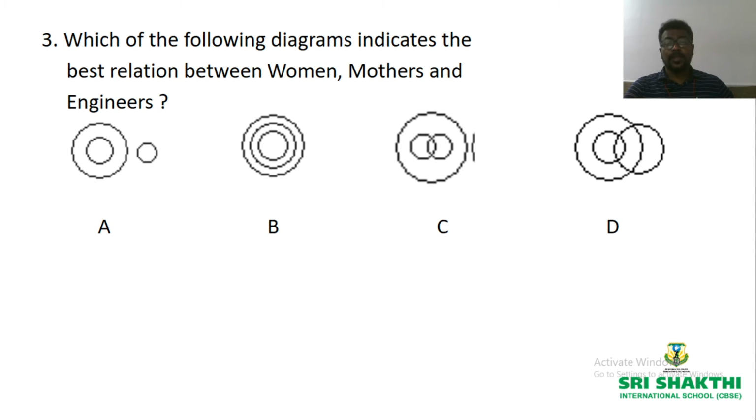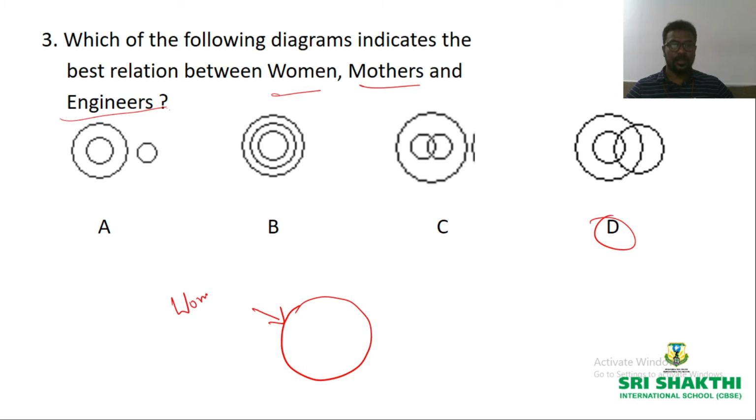Which of the following diagrams indicates the best relation between women, mothers and engineers? So the best option will be option D, because this circle represents women in general, and the inner circle represents mothers.